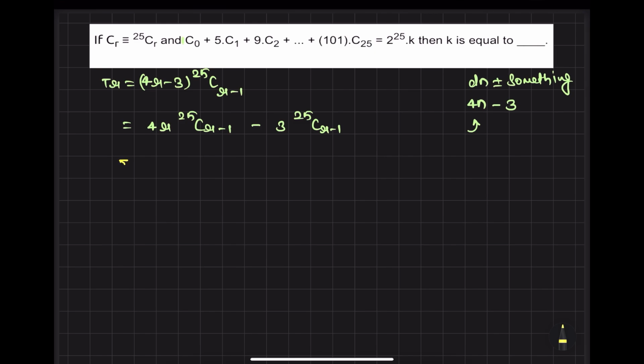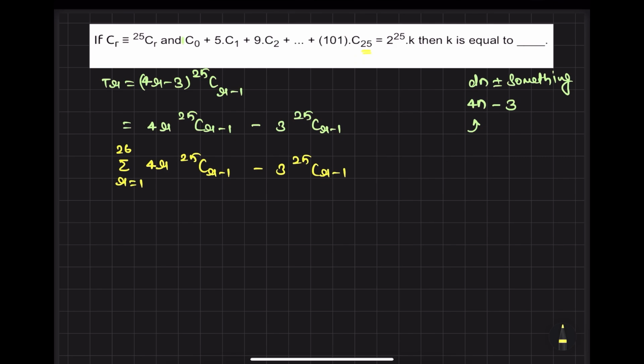So it starts from summation r equals, r starts from 1, okay, and ends at 26. Then only na 26 minus 1 will become 25. Correct? So look at this. So it is 4r 25c r minus 1 minus 3 25c r minus 1. Okay?